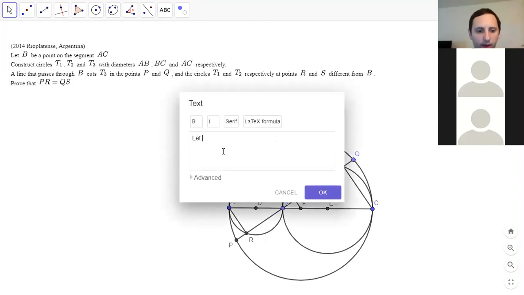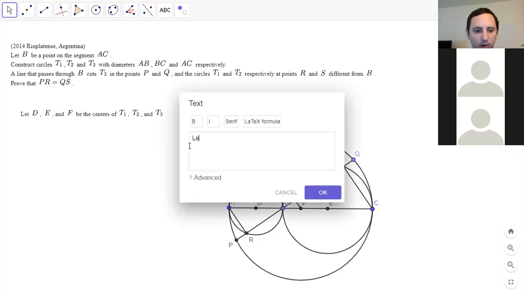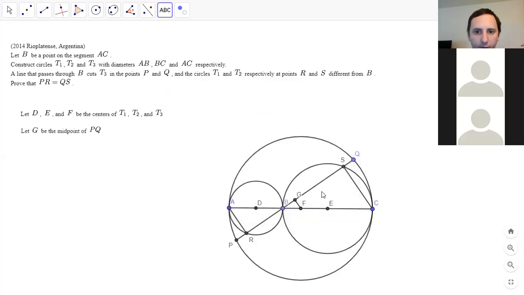So let D, E, and F be the centers of T1, T2, and T3. Let G be the midpoint of PQ. And that implies that FG is perpendicular to PQ.